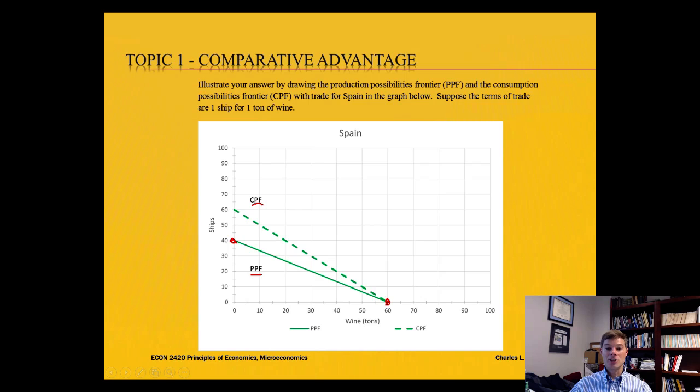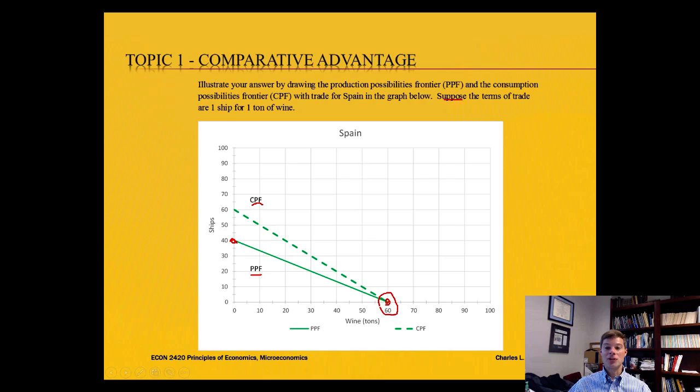But with production based on specialization and trade, Spain is able to produce 60 tons of wine, and then trade that wine to Portugal for ships in order to be made better off.